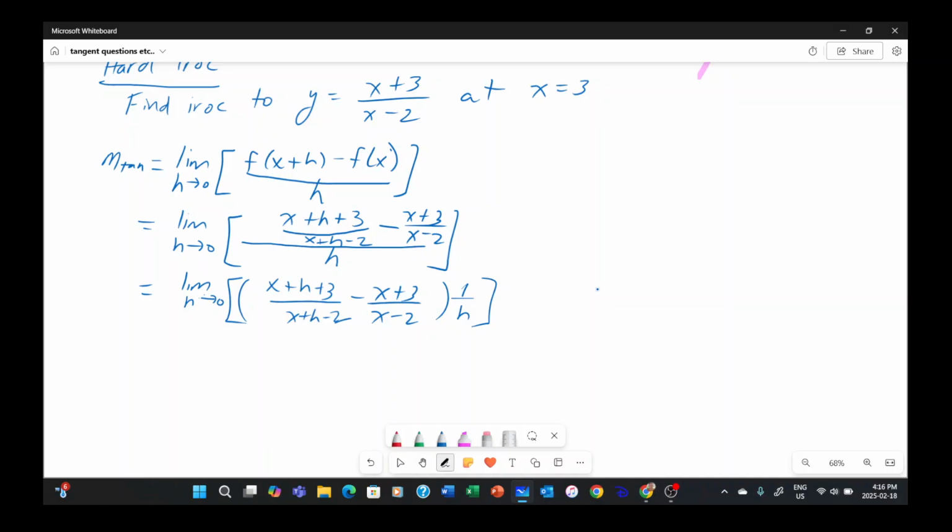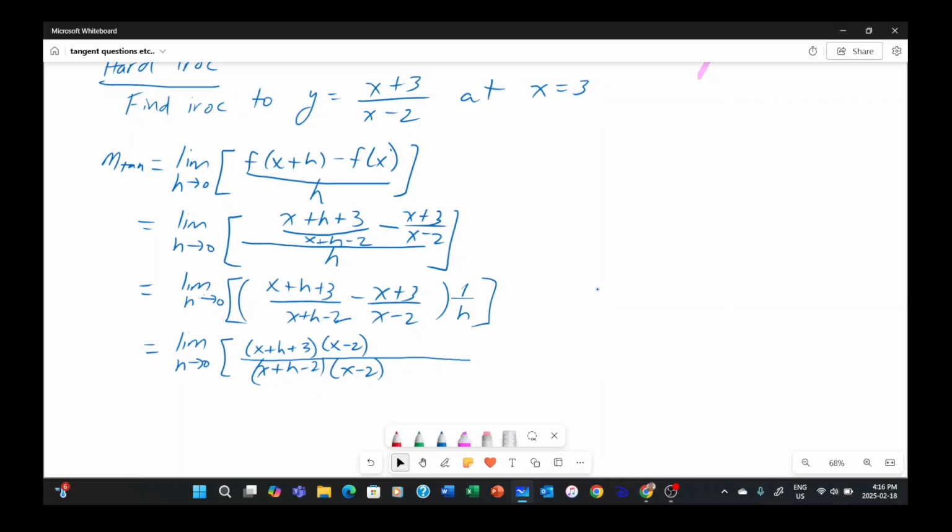And then what we're going to do next is get our common denominator, like I said. So the denominator we're going to need is x plus h minus 2 times x minus 2. So we're going to need a bit of room, especially on the next line. For the first term, we had an x plus h plus 3, and on the bottom, we multiplied by x minus 2. So we do the same thing on the top.